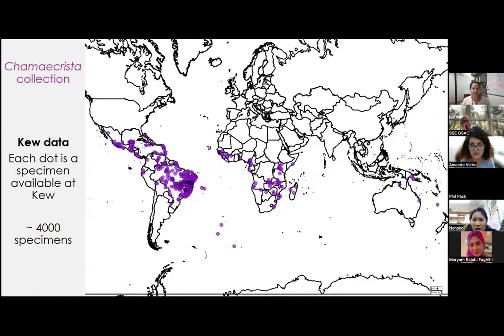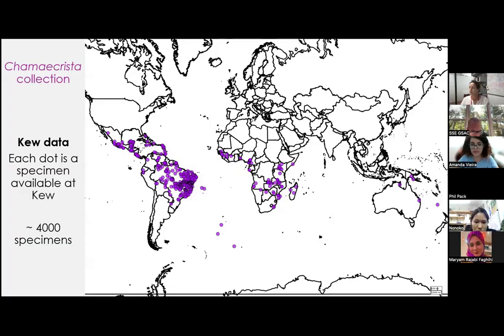Actually, I'm curious about the concentration of the dots, because it seems that most of the dots are concentrated in the southern hemisphere. Do you think there is a possibility that we can get data from the northern hemisphere?